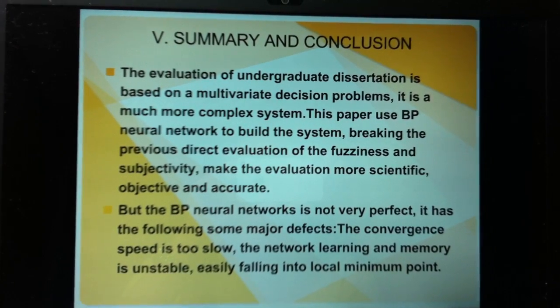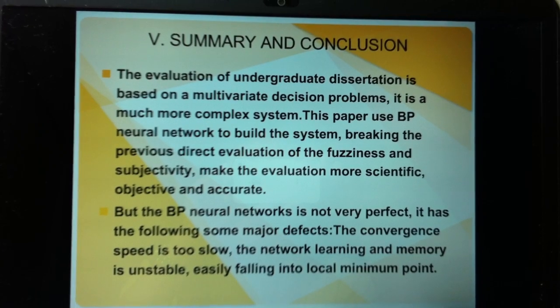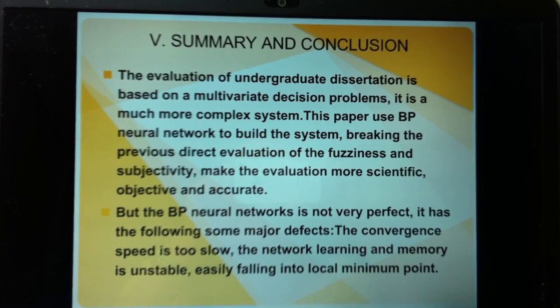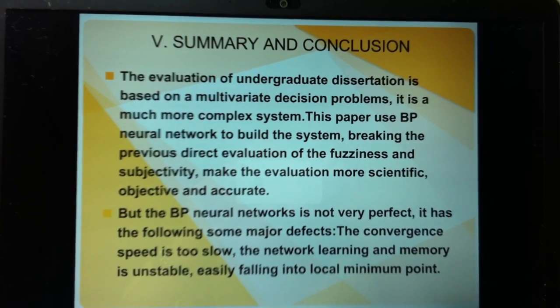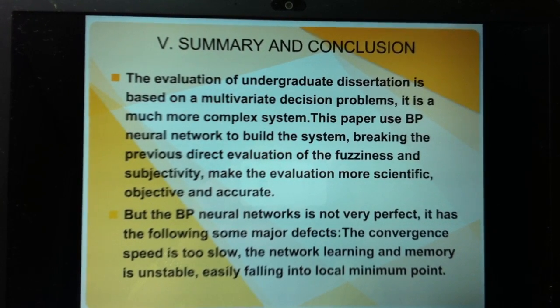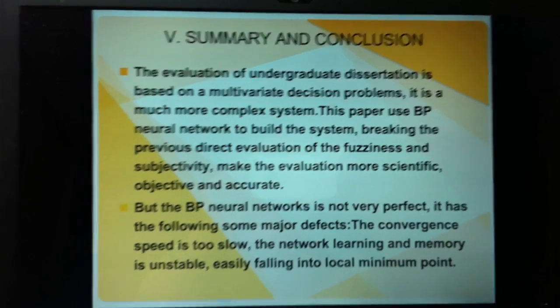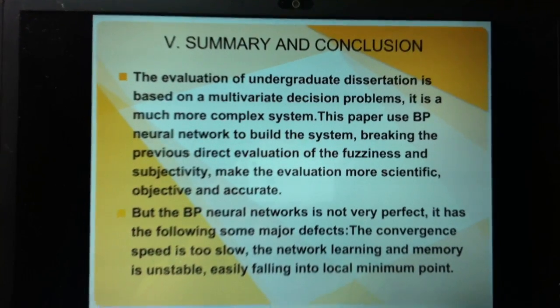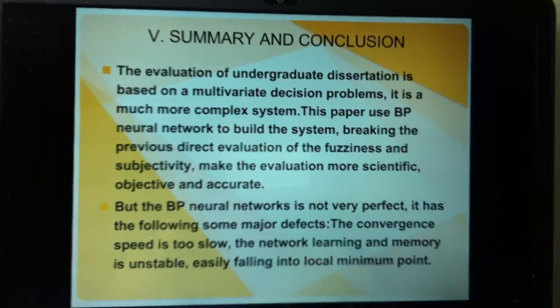Also, the BP neural network is not perfect. It has the following defects. The convergence speed is too slow, the network learning and memory is unstable, and it easily falls into a local minimum point. Here, that's all.